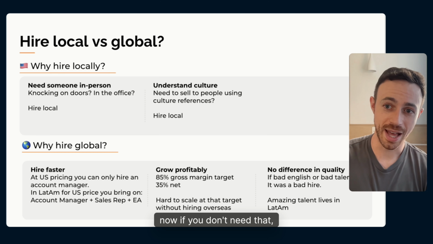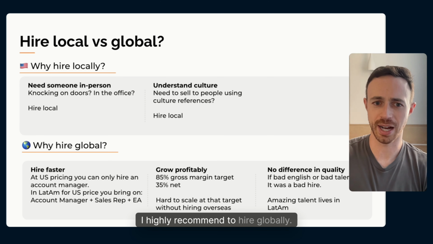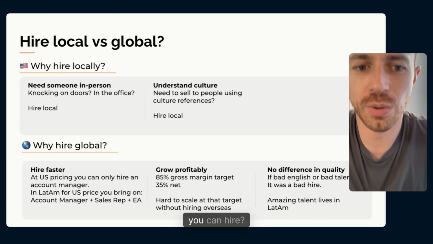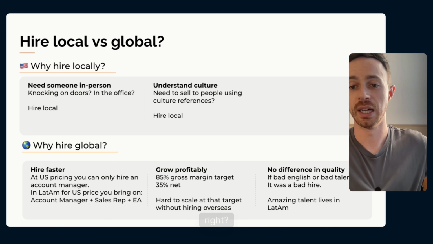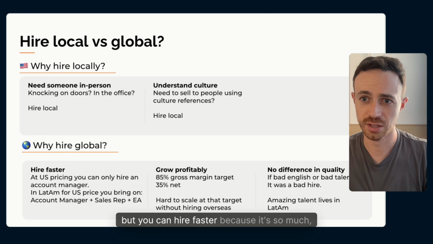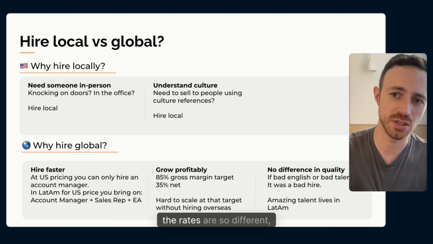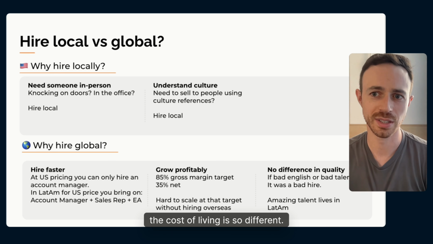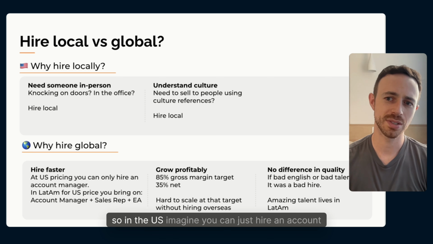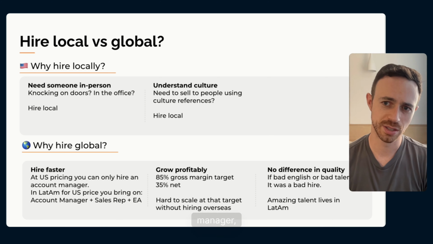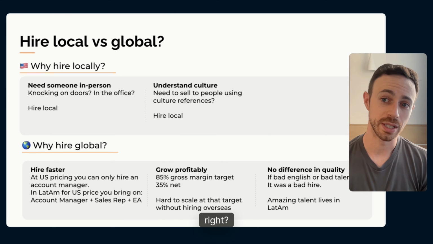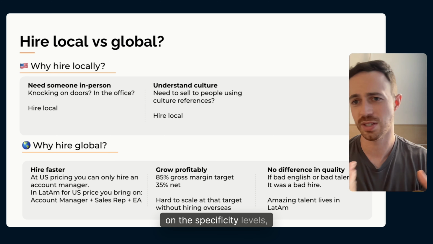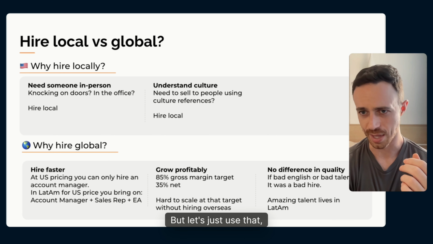Now, if you don't need that, I highly recommend to hire globally. Why? You can hire for a few reasons. One is, I mentioned the no difference in quality, right? But you can hire faster because the rates are so different. The cost of living is so different, right? And so in the US, imagine you can just hire an account manager, right? It'll run you $5,000, $7,000 a month, right? Depends on the specificity, levels, etc. But let's just use that.